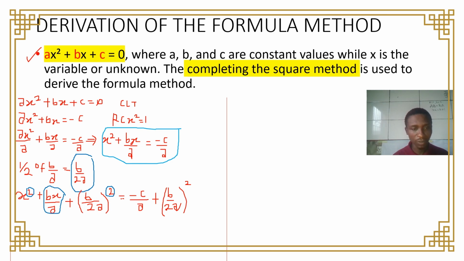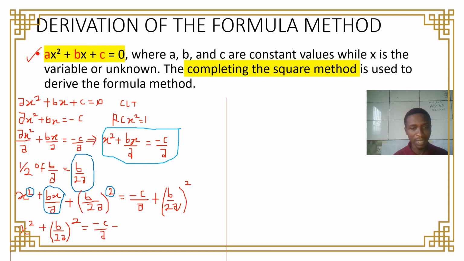So the equation now turns to x squared plus b over 2a all squared equal to minus c over a.